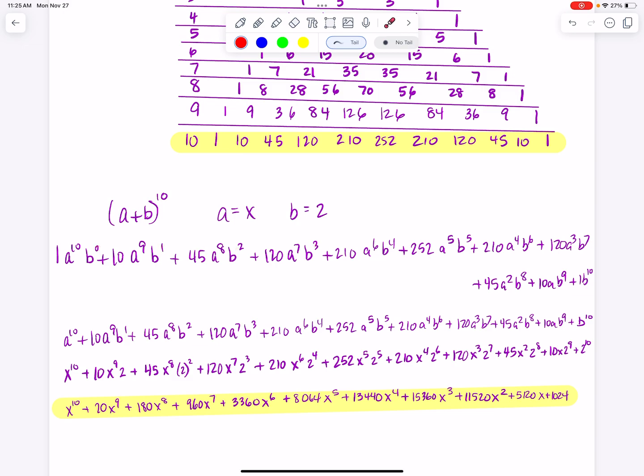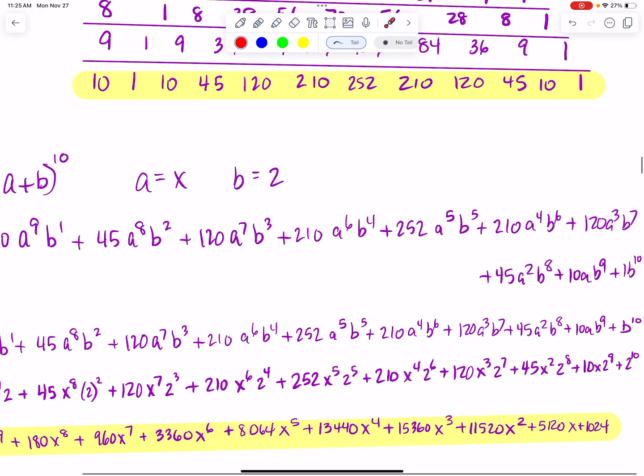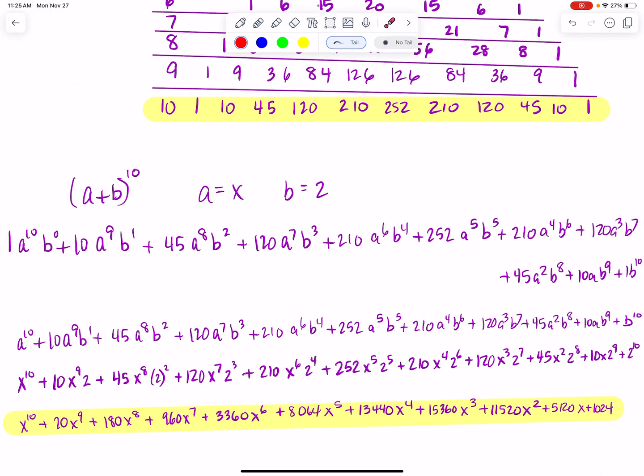So while you're decreasing the a term by 1, you're increasing the b term by 1, until a goes to the 0, and b gets all the way up to the 10th power.